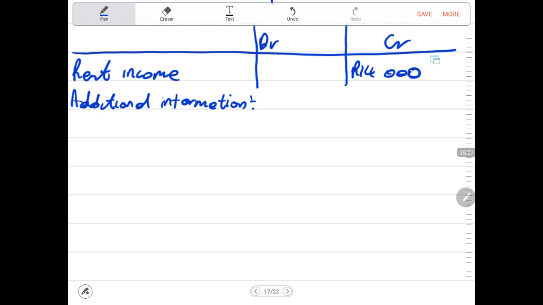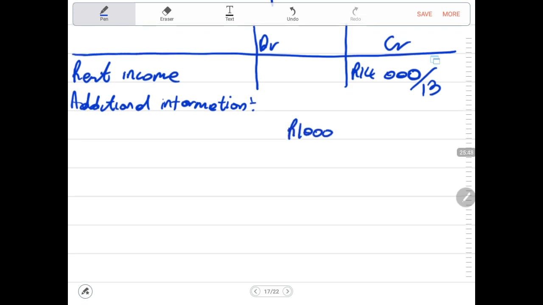So now let me just use the short one. Let me simply explain this one. If they say rent was received for 13 months, which is including the next month of the following year, that means we divide by 13 to find out that rent per month is 1,000 rands.